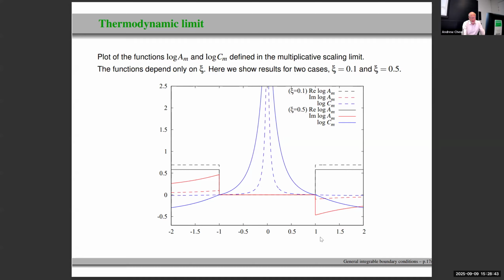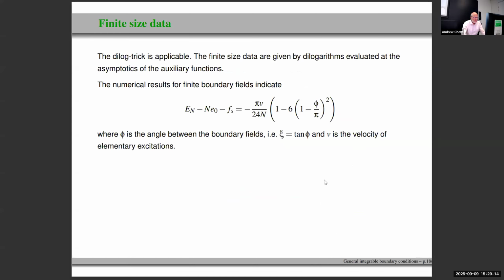And at x0, or I should say at argument 1, alias x0, the function c goes through 0, and it's otherwise continuous. But the function log a, the real part and the imaginary part, they jump at 1, alias x0. And when taking these data and then applying some analysis, we understand how to do the additive scaling limit, and we get the following result.